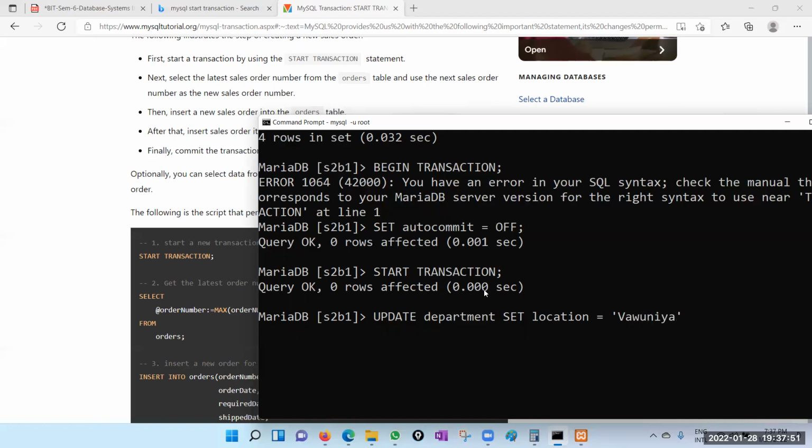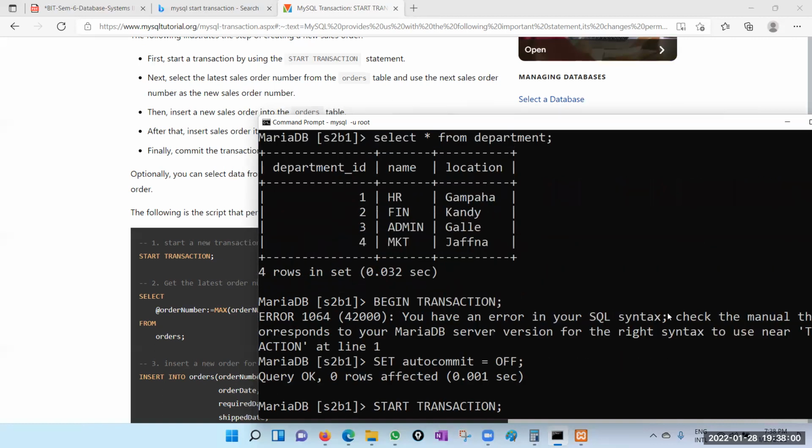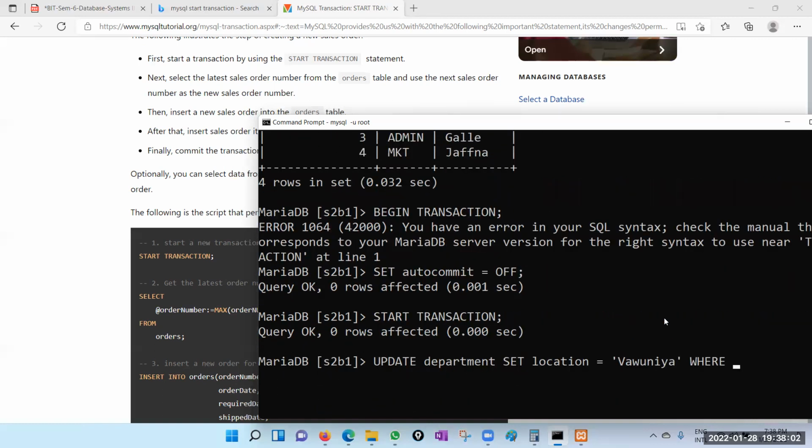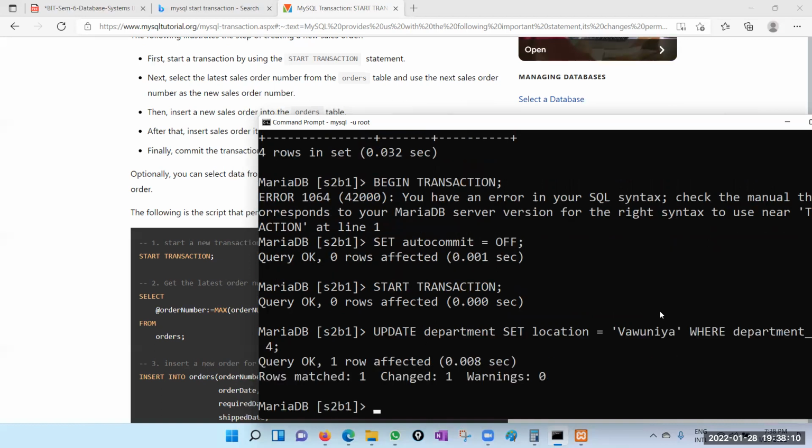I don't know how to spell. Where department ID equal 4. So the query is okay, one row affected.